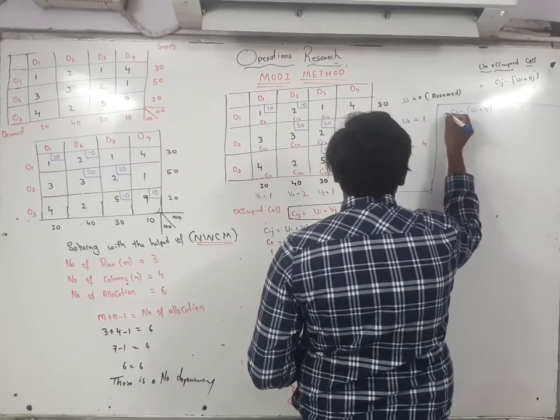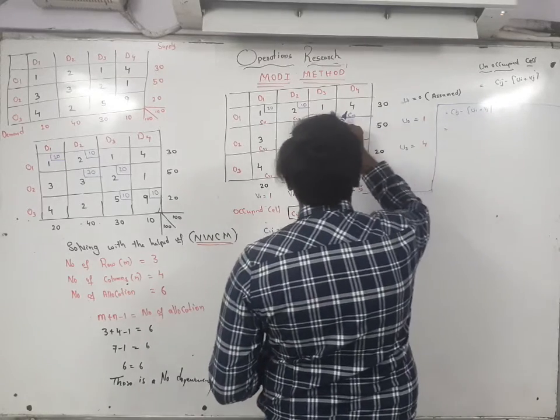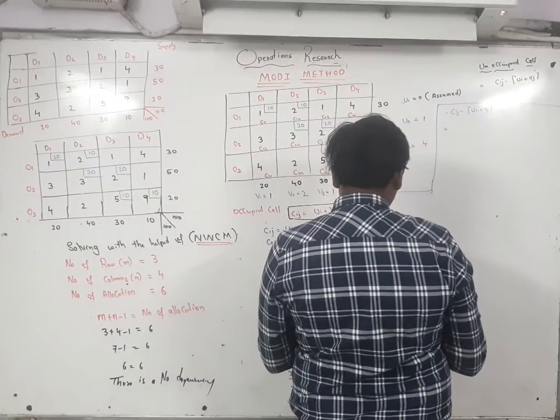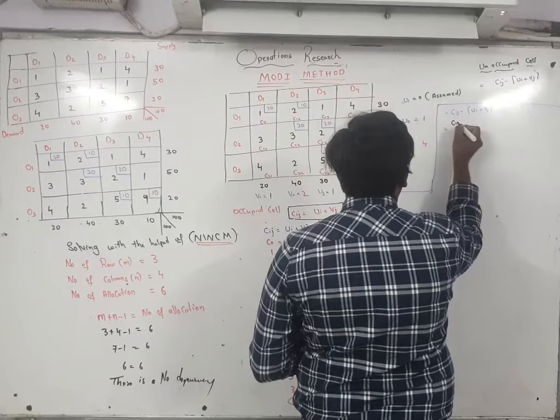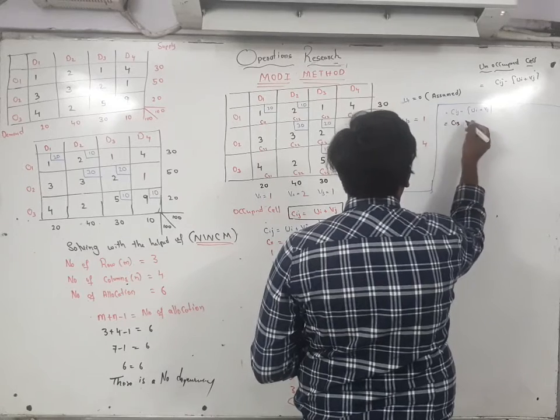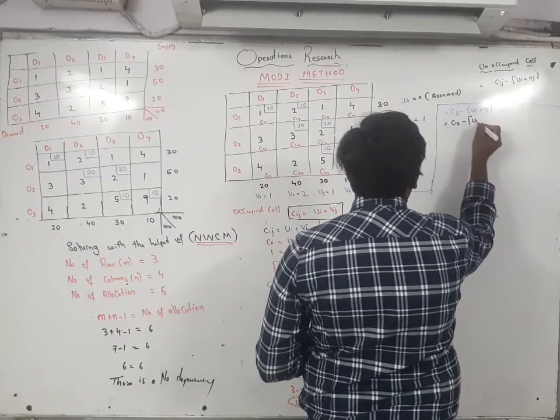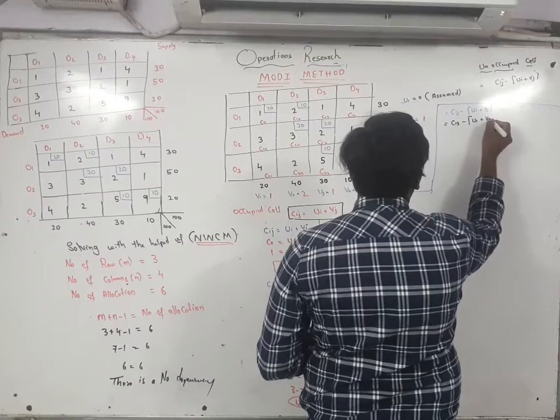So what is the first one? As you can see here, the unoccupied cell C13. What is the value here? C13, so I can write u1 plus v3.